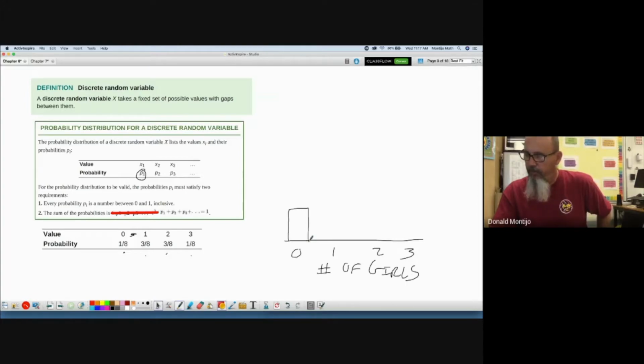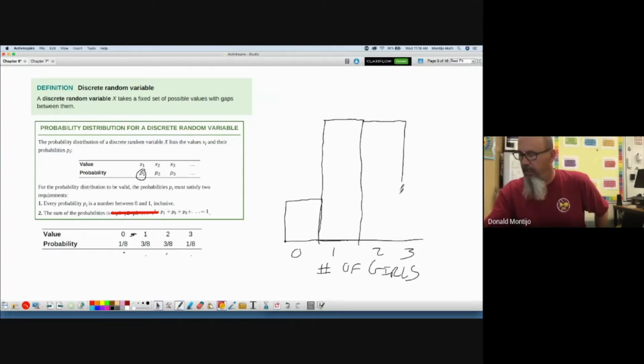I made this too skinny, so let me erase that. So I could have 0, 1, 2, or 3. The probability of 0 girls is 1/8. The probability of 1 girl is 3/8. The probability of 2 girls is 3/8. And the probability of 3 girls is 1/8.